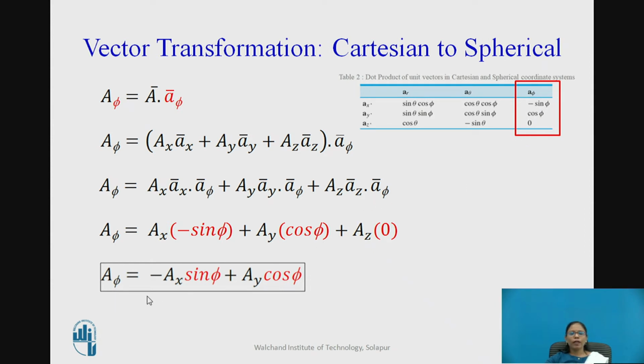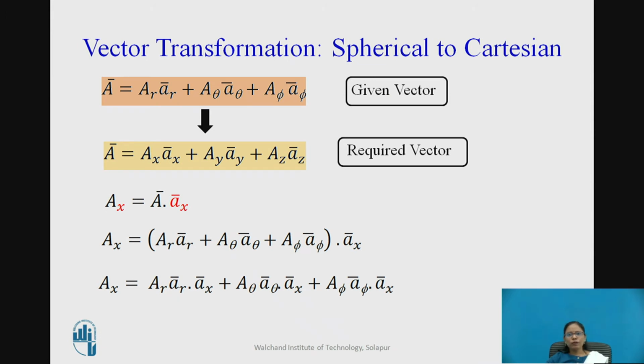So I get A phi as minus Ax sine phi plus Ay cos phi. Once I get the magnitudes capital AR, capital A theta, capital A phi, I can transform the given Cartesian vector into spherical. I just have to write these magnitudes along with the respective unit vectors, and I get the vector in spherical.